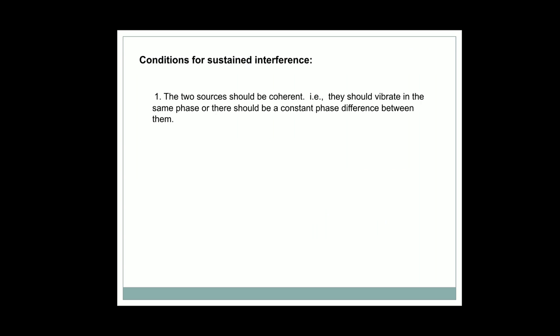The two sources should be coherent. It is nothing but they should vibrate in the same phase or have a constant phase difference. Then only we can see the sustained interference. We know the resultant intensity of two waves is I equals A1 square plus A2 square plus 2A1 A2 cos delta, where A1 and A2 are the amplitudes of the two waves individually.